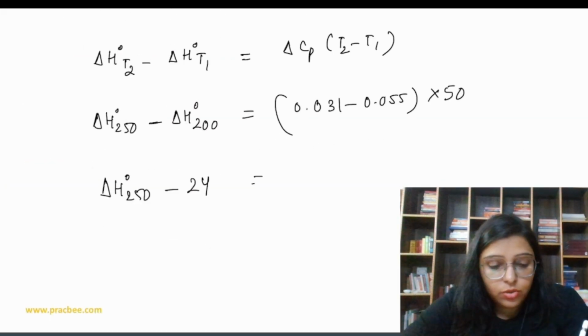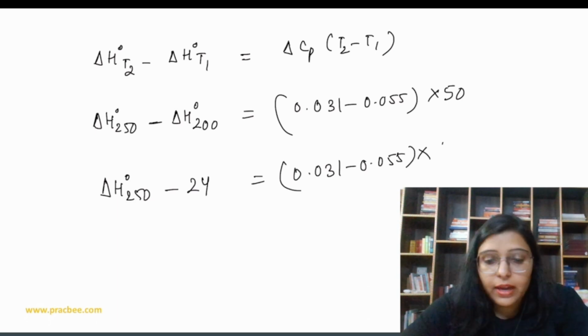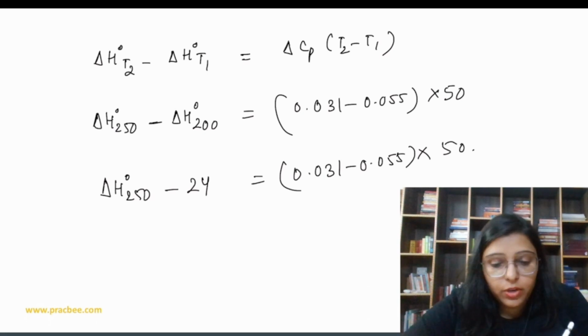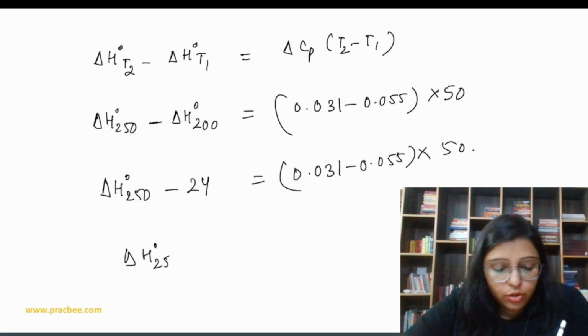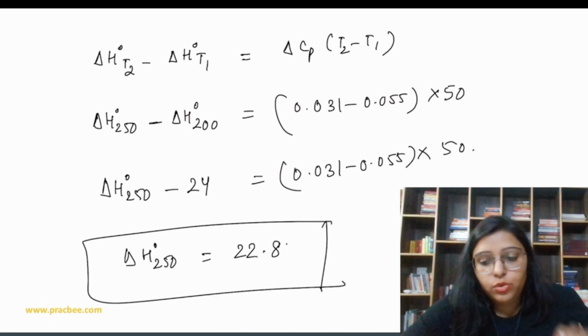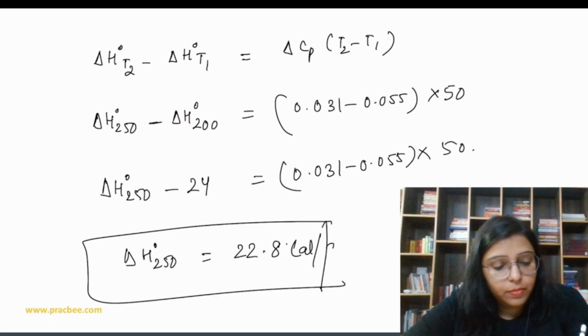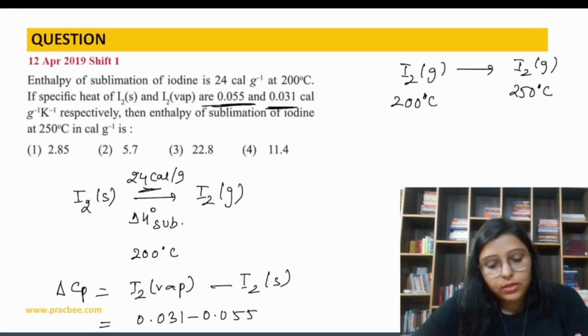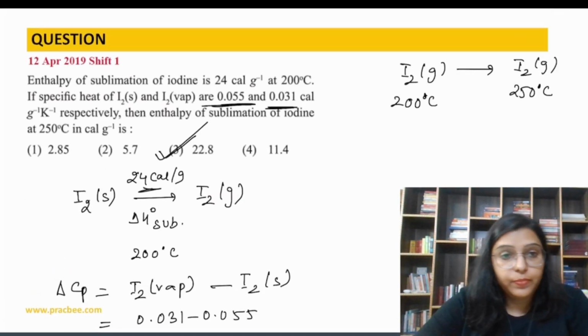So you just have to solve the calculation, and when you solve it, you get delta H naught at 250 is equal to 22.8 calorie per gram. So the answer is going to be the third option.